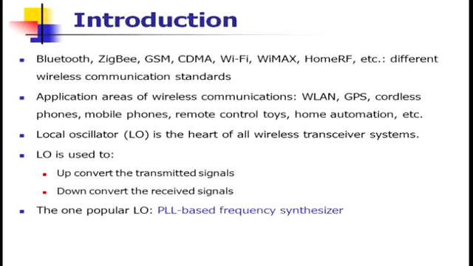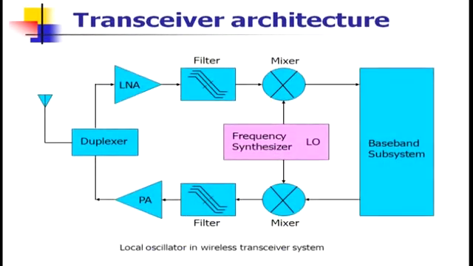So coming into that, you know that for ZigBee or GSM or CDMA, whatever be your application, the heart of any transceiver is the frequency synthesizer. It is in the middle, and it drives both the mixers for up conversion and down conversion.